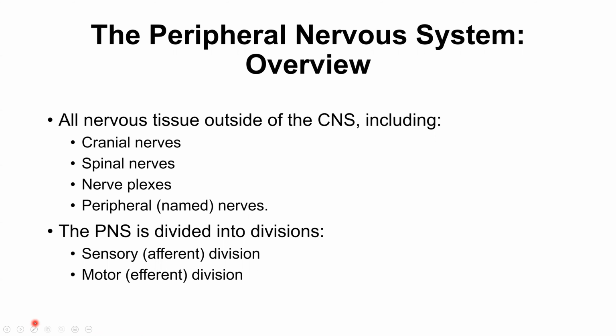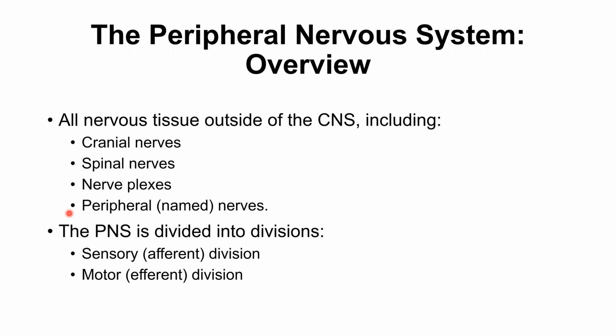So the peripheral nervous system is made up of all of the nervous tissue that's outside of the central nervous system. And this includes our cranial nerves, our spinal nerves, our nerve plexuses, and then also peripheral nerves, which are the ones that we have named. So if I say the sciatic nerve, for example, that's an example of a peripheral nerve.